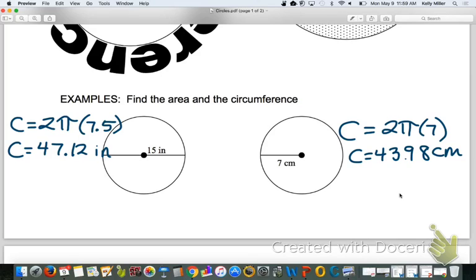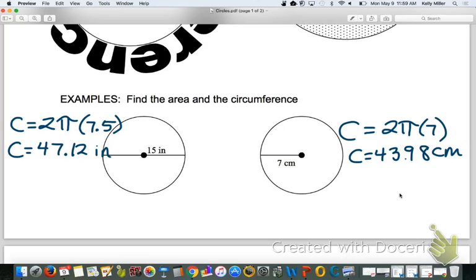So if I had an actual circle here that this was 7 centimeters long, and I took a measuring tape, or a piece of string, and looped it all the way around the circle, it would go for 43.98 centimeters. Not exactly that, because the decimals go on forever, but it's rounded, so it's going to be pretty darn close.